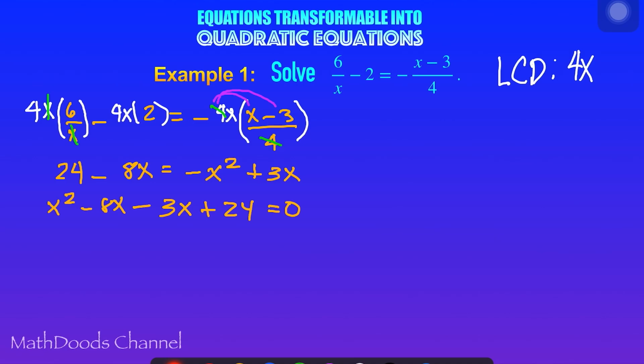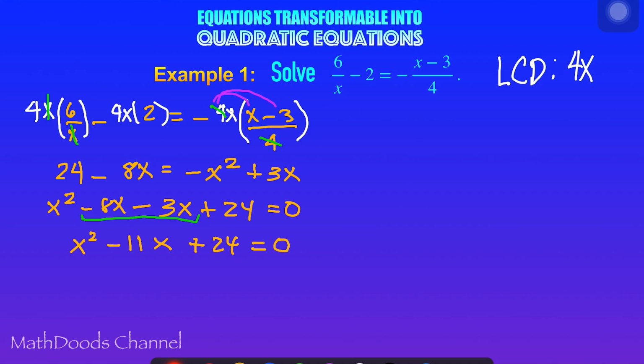Tapos, simplify. Masisimplify kasi dyan yung negative 8x at saka negative 3x. Same signs, add and keep. So, x squared, negative 8 plus negative 3 is negative 11. Copy lang si x. Plus 24 equals 0.